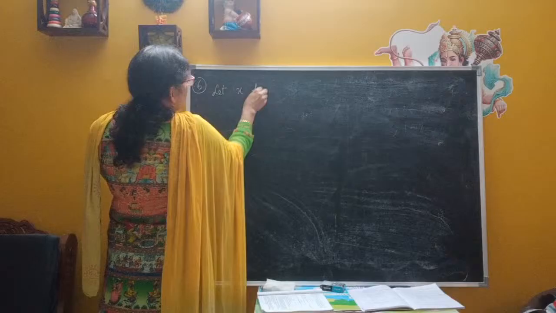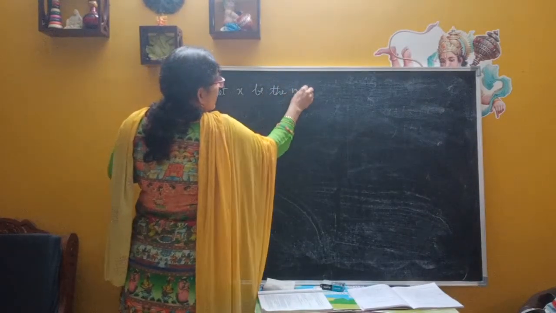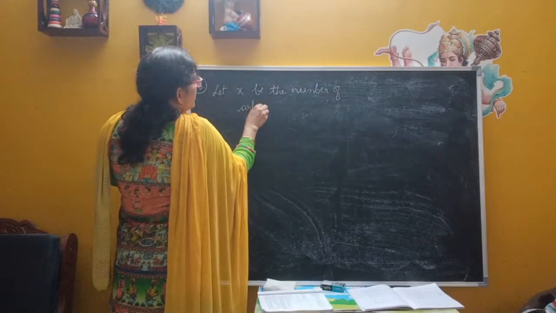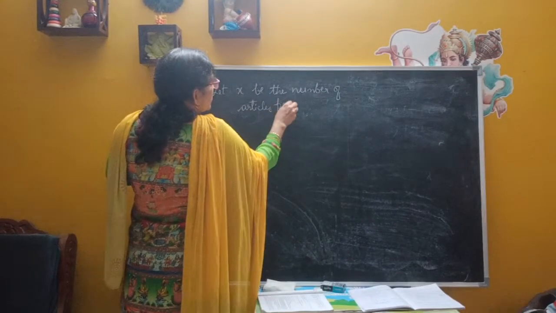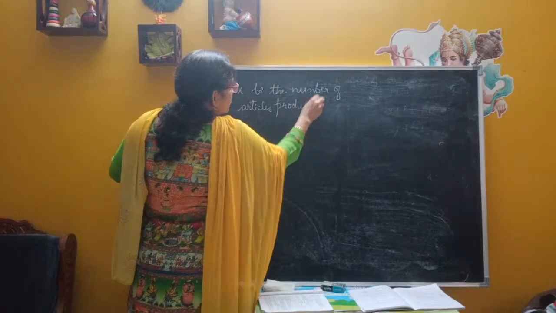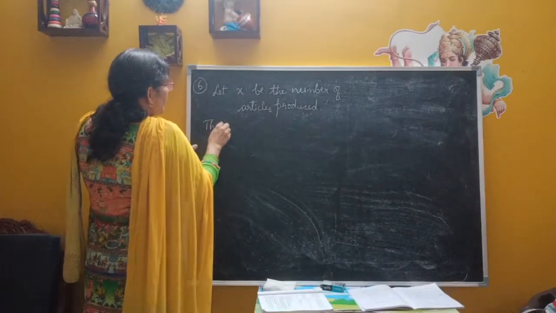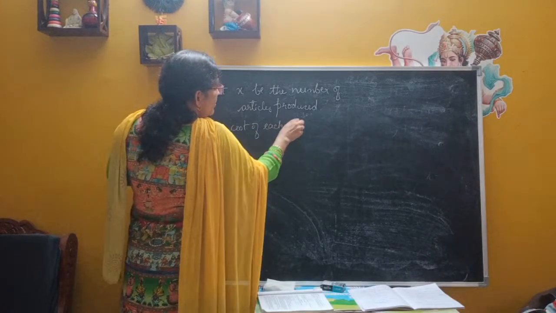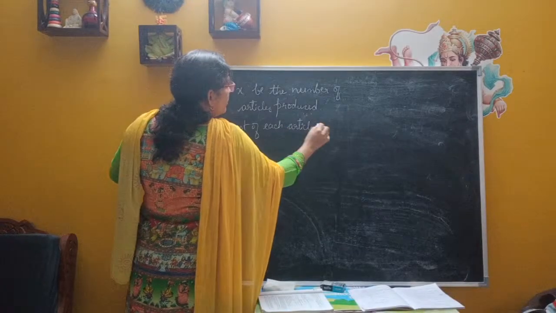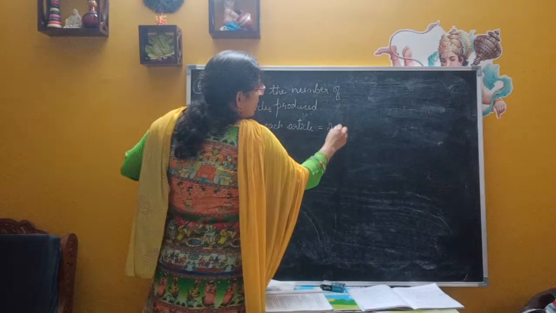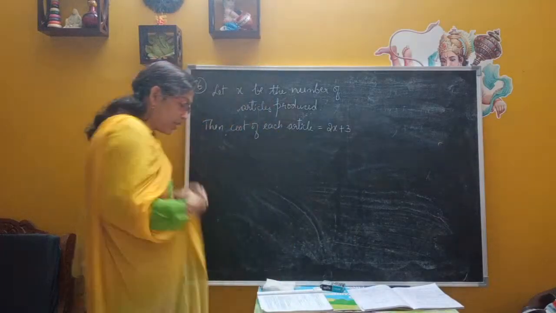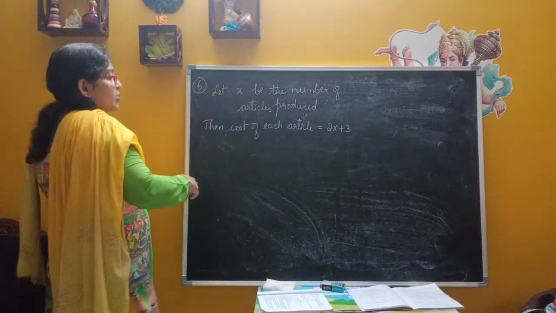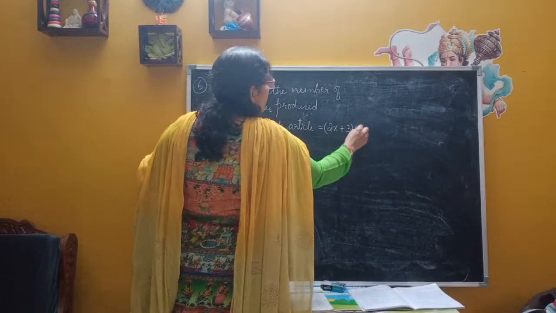Then the cost of each article, or one article, is how much? 2 times x, twice of x, 2x plus 3, which is 3 more than twice the number of articles produced. Okay, 2x plus 3 rupees it is.